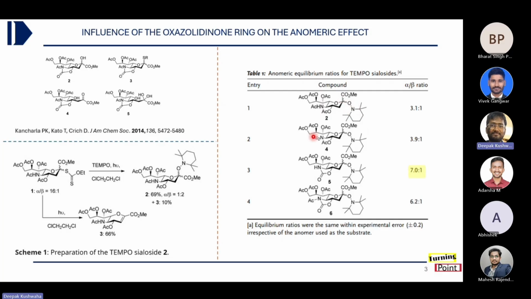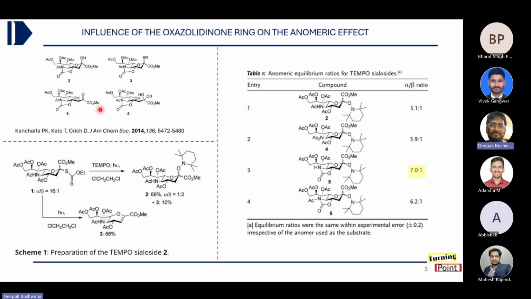So one initial thought, as I was telling earlier, is that the first obvious choice would be to take the corresponding hemiacetal and see the mutarotation, how the alpha beta ratio is distributed in the case of the hemiacetal. But in the case of sialic acid containing this cyclic protecting group, this compound itself is not stable in the acidic solution.